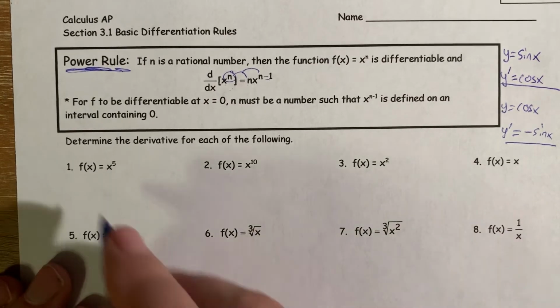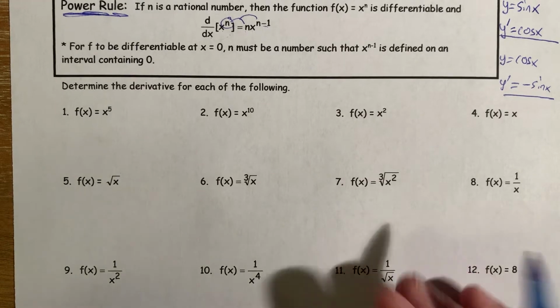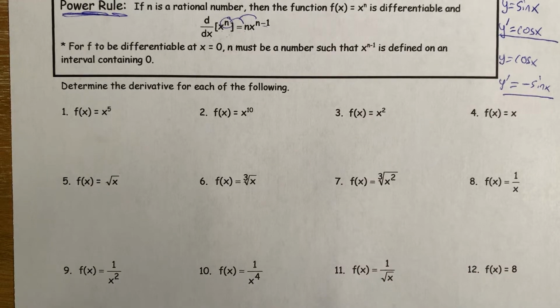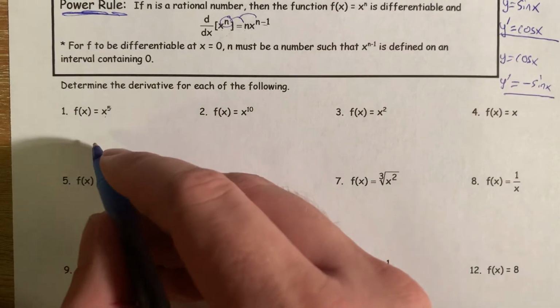Let's see an example. Here we have f of x equals x to the fifth. The first question to always ask yourself is, is this a power rule? Is this x to some power? And the answer is yes, it's x to the fifth power. Great. So can we use the power rule?